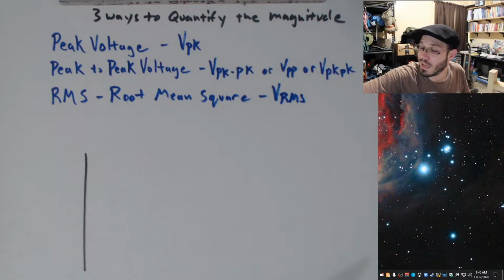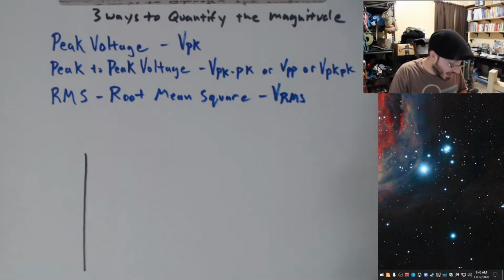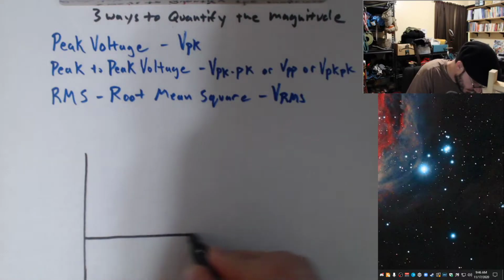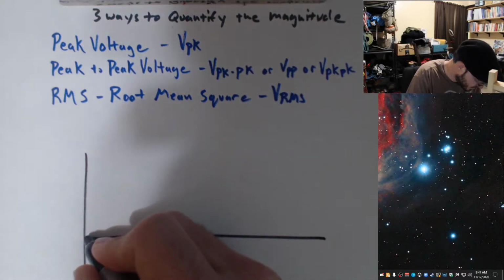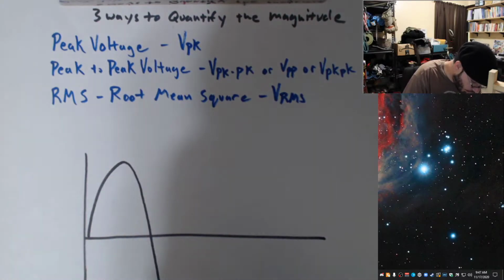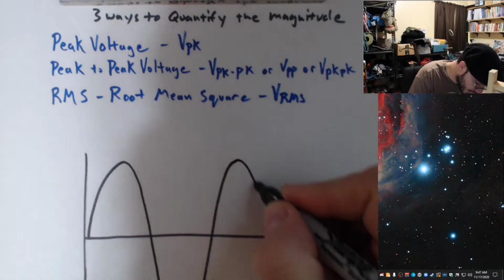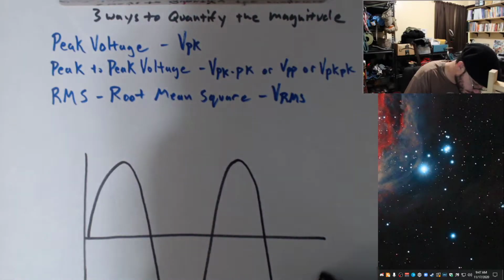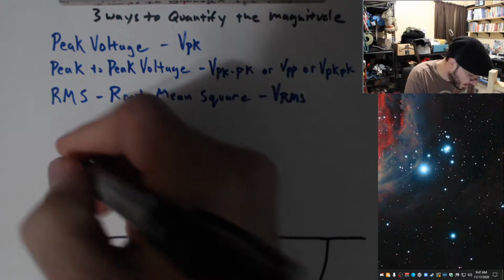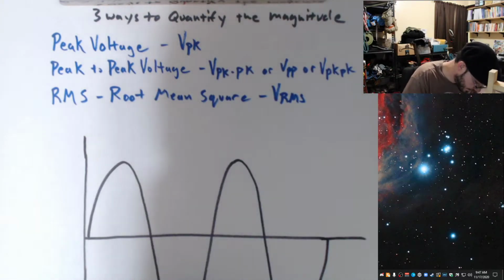Okay, somebody said 120. Let me go ahead and draw what comes out of our electrical outlets. So this is the voltage that's coming out of our electrical outlets.